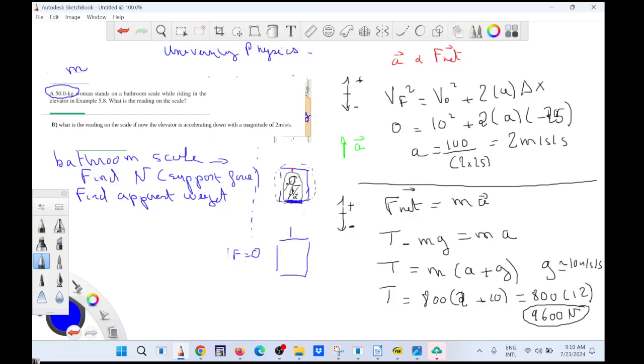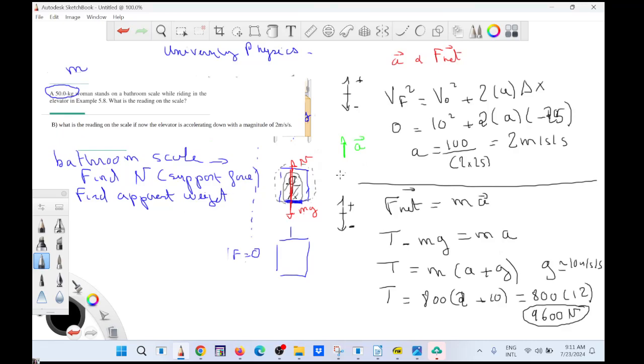So your body is pushing more on the bathroom scale, so the bathroom scale is pushing more on you. Same idea here. The forces acting on the lady are the normal force and the weight. The normal force goes from the ground to the system, and it has to be greater than the weight because you are slowing down. You want the net force up.